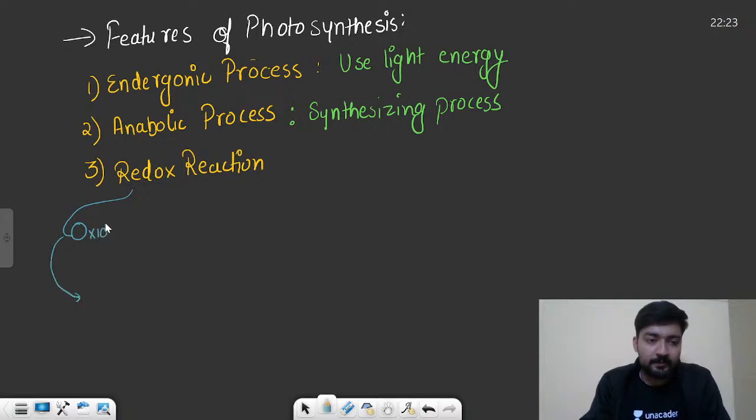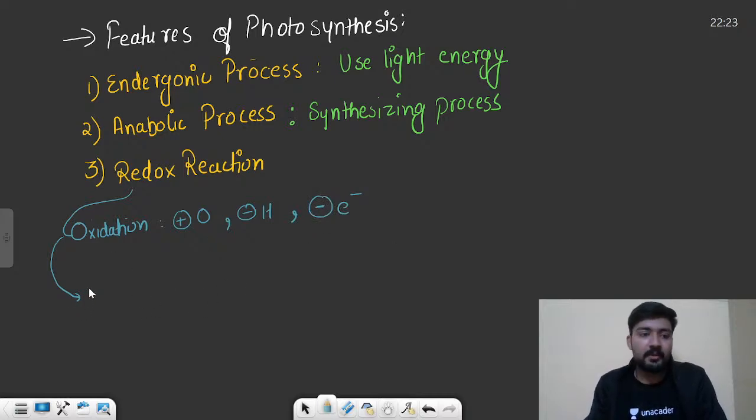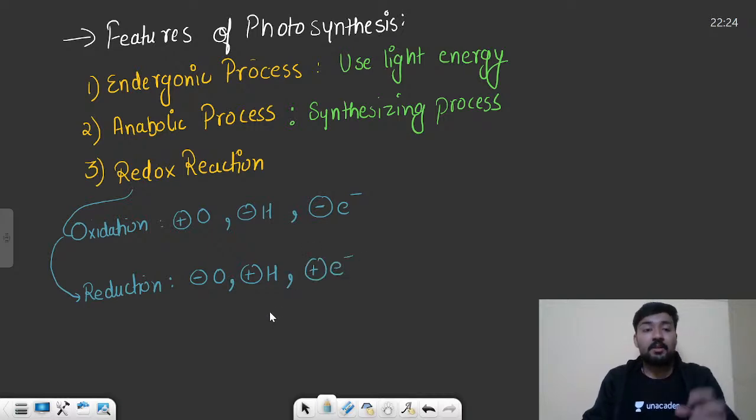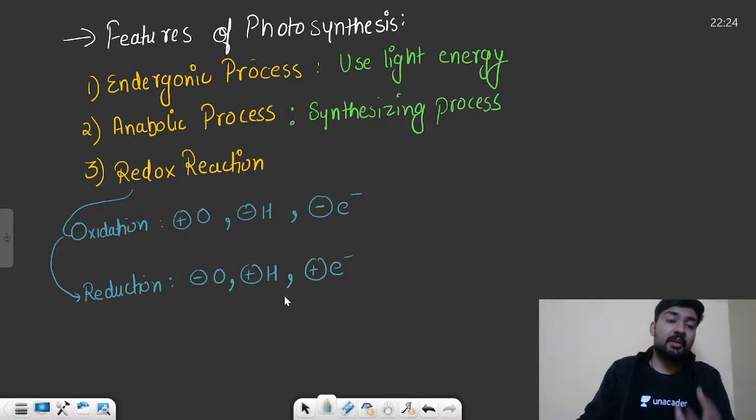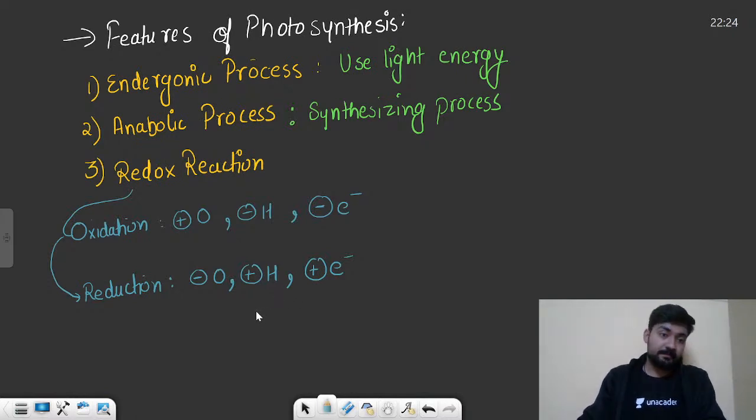So oxidation can mean addition of oxygen, or it can mean removal of hydrogen, or it can mean removal of electron. So all these represent oxidation. On the other hand, we have reduction. And reduction means either removal of oxygen, addition of hydrogen, or addition of electron, right? So redox reactions are the reactions which are occurring in photosynthesis.